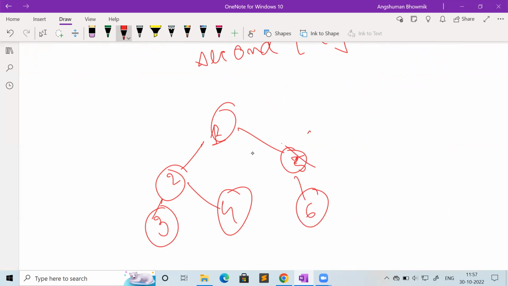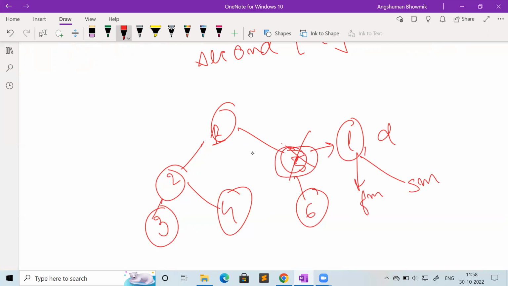If we are asked to remove 5, we check what is the level and depth of 5. We have computed it previously. Then we check what is the first maximum at level L. Let's say it is FM and the second maximum is SM. So if the first maximum is equal to the depth of 5, that means 5 can contribute to the overall height of the tree. We go to the second maximum.